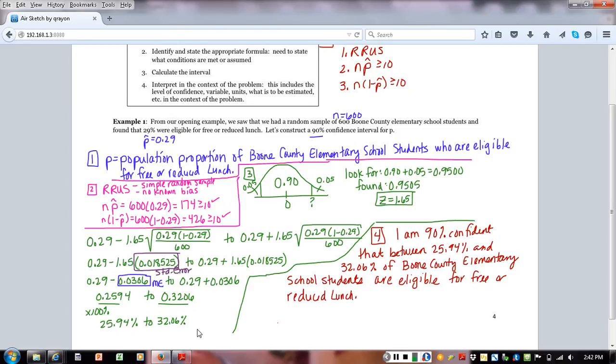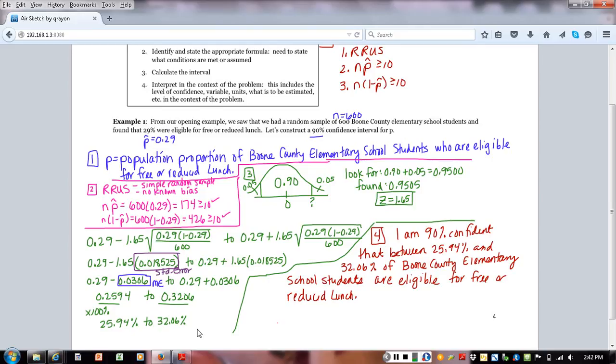And if you read that interpretation, hopefully it makes sense. We're 90% confident that between 25.94% and 32.06% of Boone County elementary school students are eligible for free or reduced lunch.